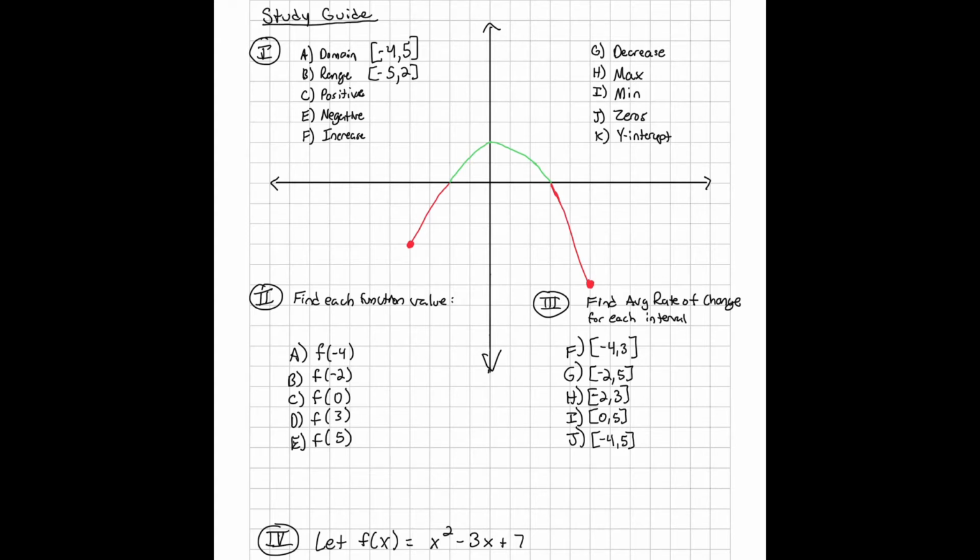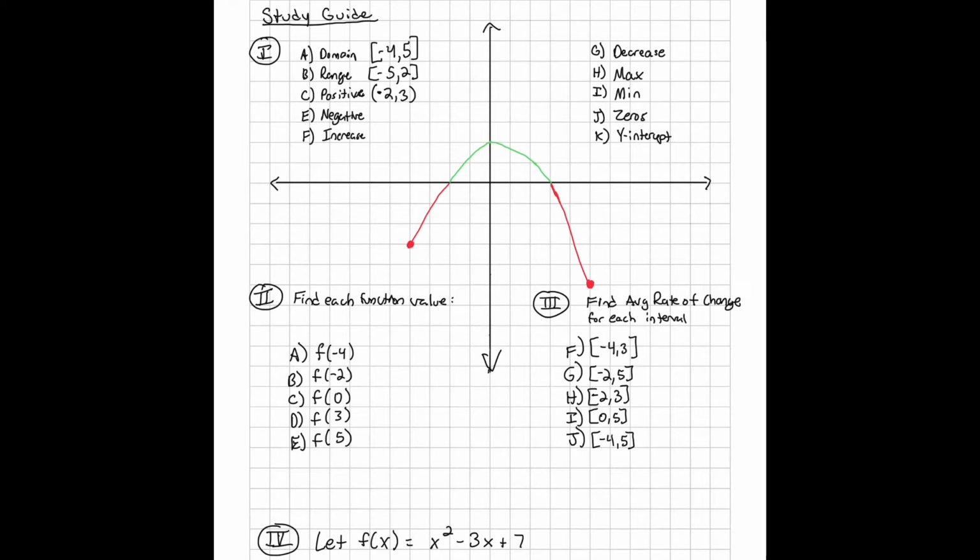Alright, positive interval, there's only one, and it's from -2 to 3. And I didn't put brackets around those because it's not positive at -2, it's 0, and at 3 it's 0, so it's not positive.